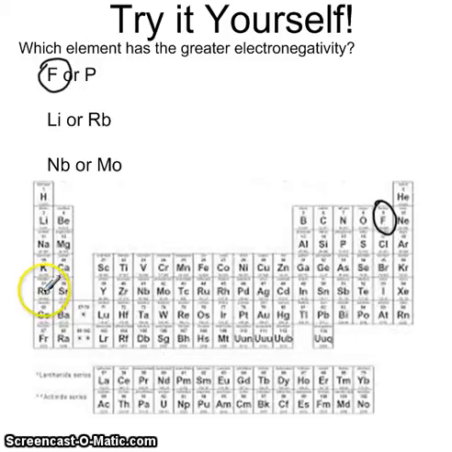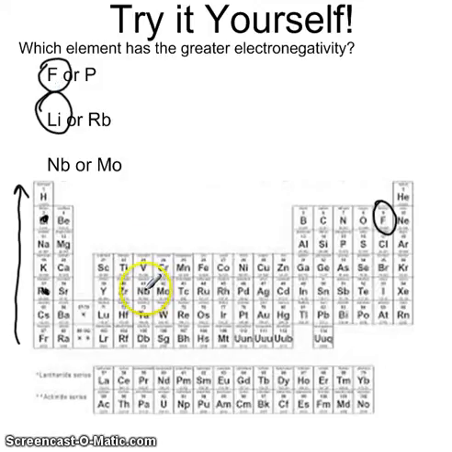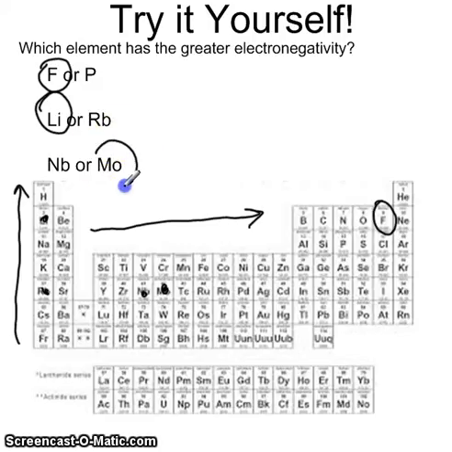Now, when we compare rubidium and lithium, remember the electronegativity increases as we move up, so lithium has the greater electronegativity of those two. And when we compare niobium to molybdenum, keep in mind that as we go across the periodic table, the electronegativity goes up. As we get closer to fluorine, the electronegativity increases. So the greater electronegativity in this case is molybdenum.